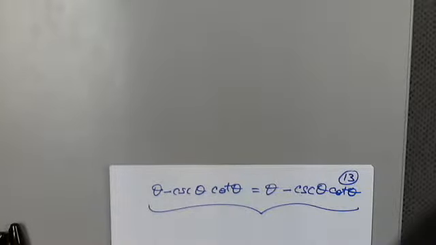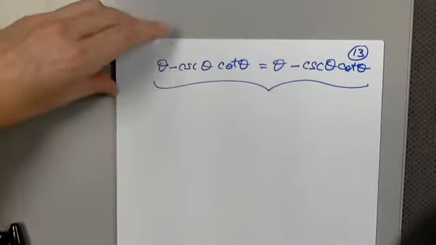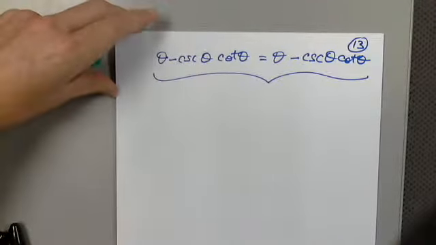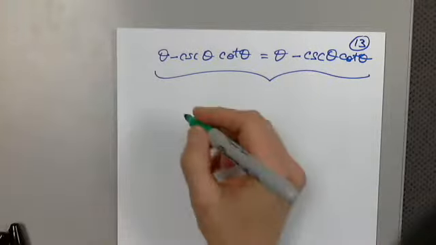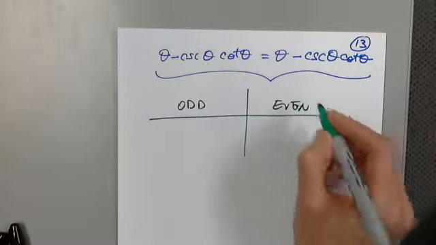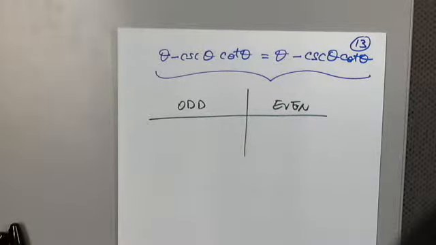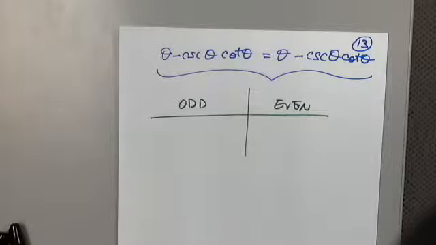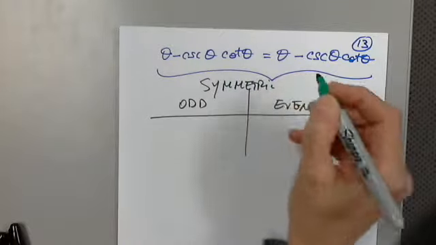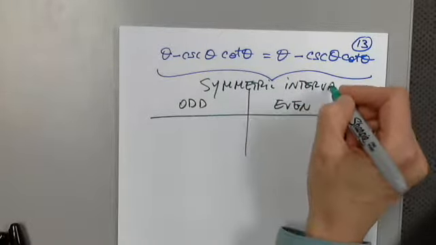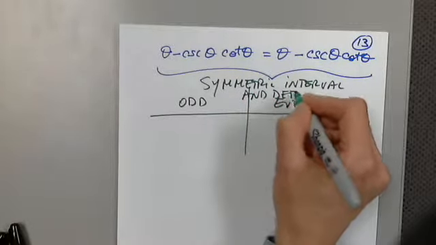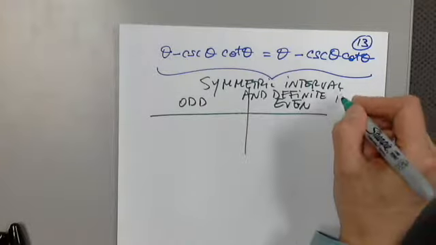I want to jump to the last section of this chapter, and then we'll come back to tie up some minor loose ends. However, before that, let's look at odd and even functions. Not just odd and even, but also when the interval is symmetric, for definite integrals.